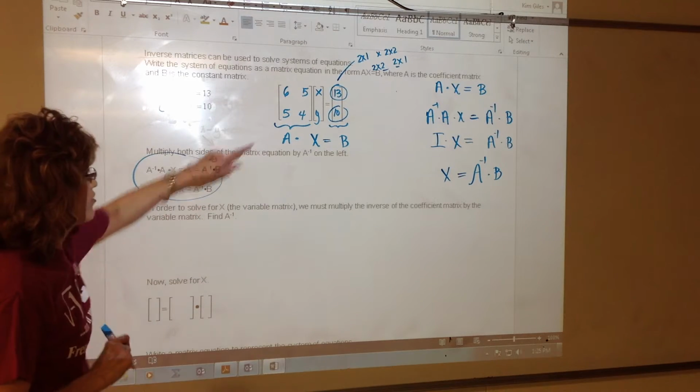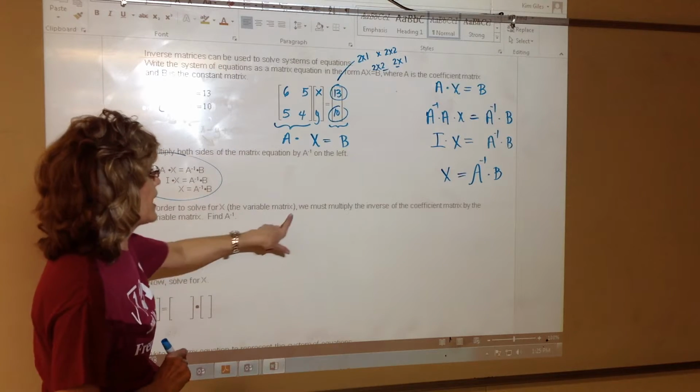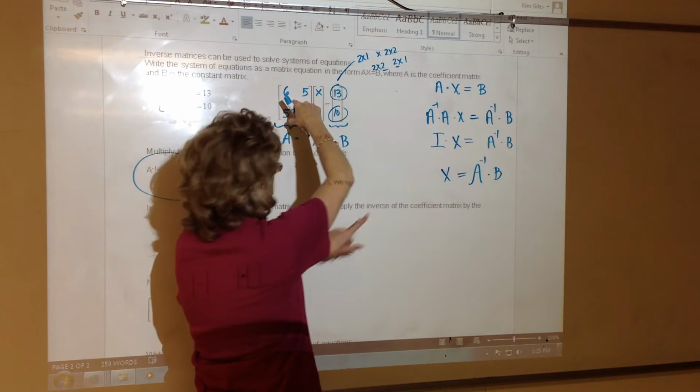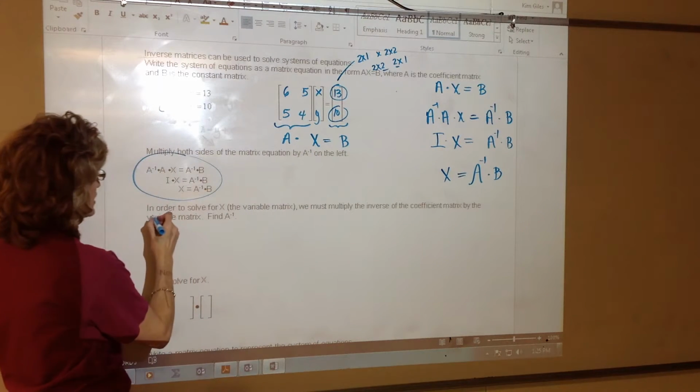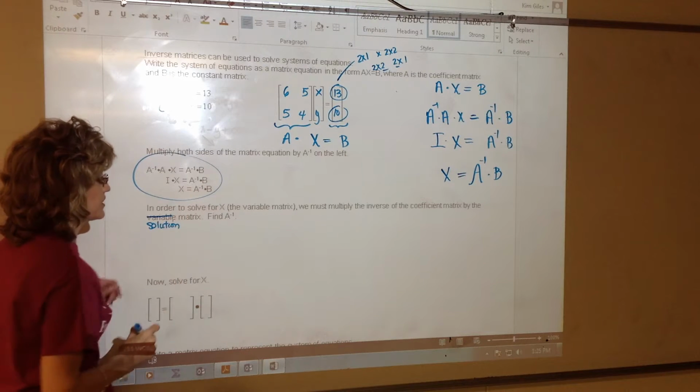So in order to solve for X in the variable matrix, we're going to have to multiply the inverse of A, the inverse of the coefficient matrix, by the, and there's a typo right here, this should say, by the solution matrix.